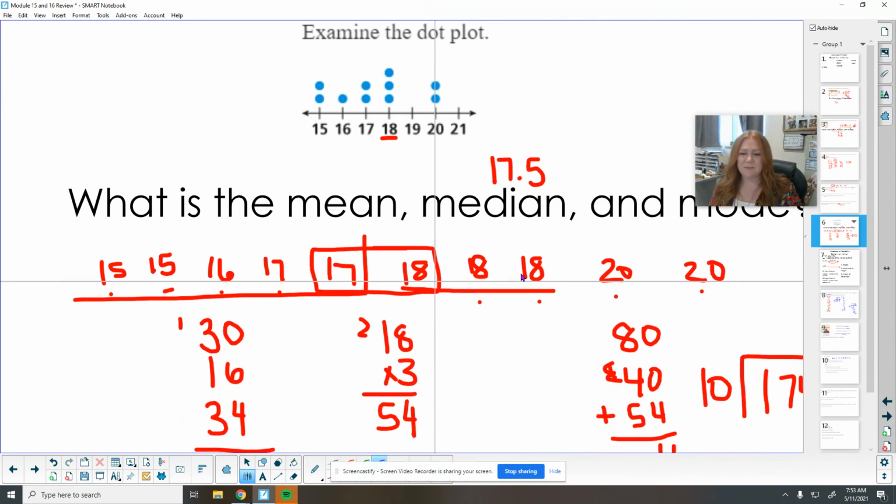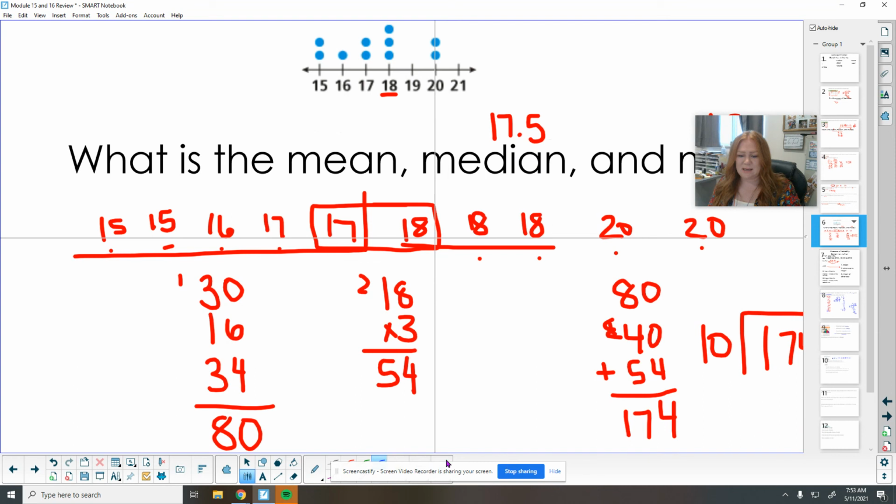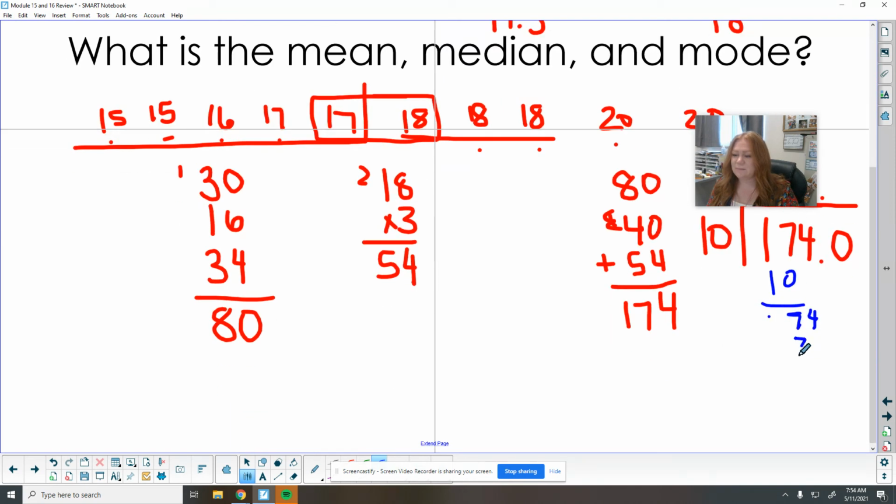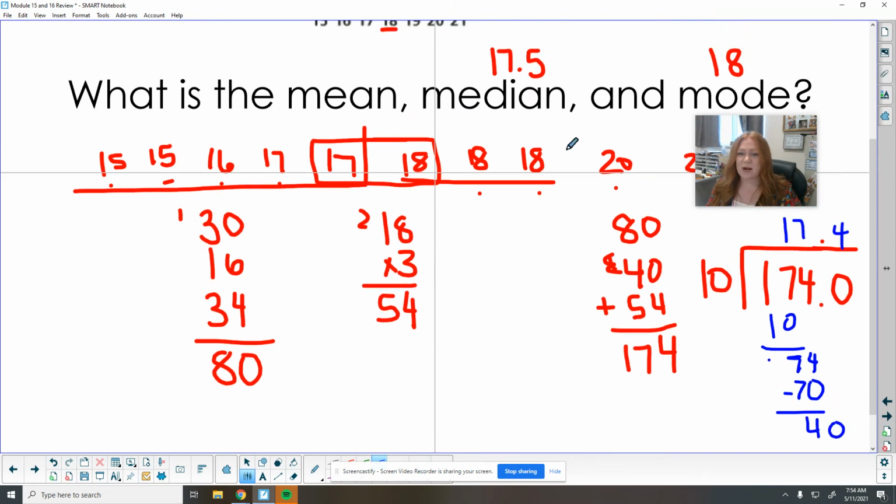We already found that the mean was, so it was this 174 divided by 10. So this goes in here one time, which is 10, 7 left over, 74, 7. Then we've got 4 left over and 4. So our mean was 17.4.